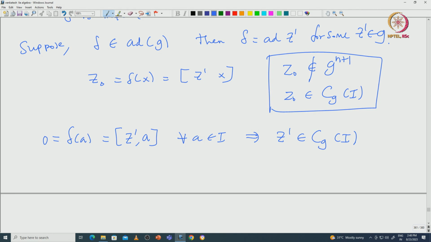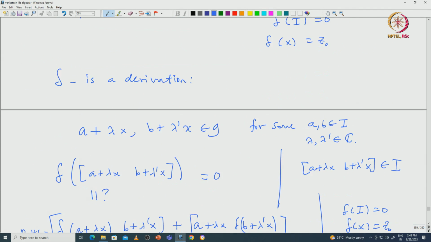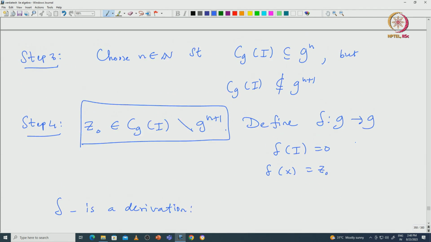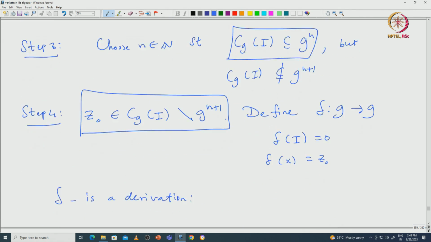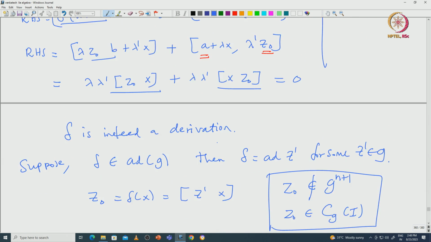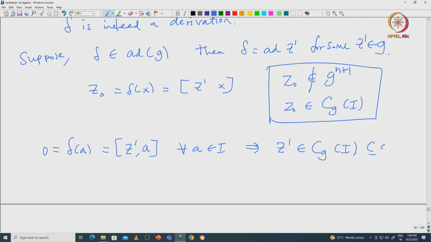But the centralizer of I, if you go back to the choice of this n, you can see that this centralizer of I is actually contained in g power n. Okay. So, that means this z dash is inside g power n.